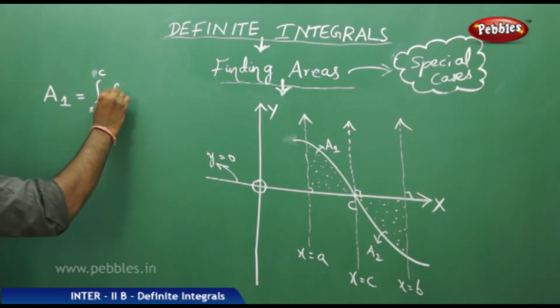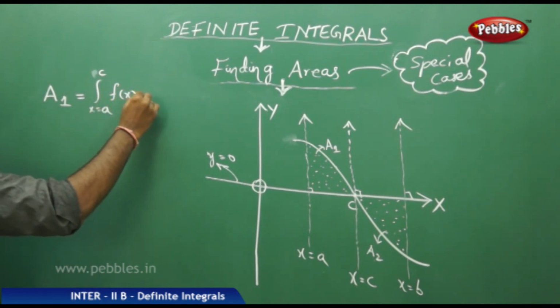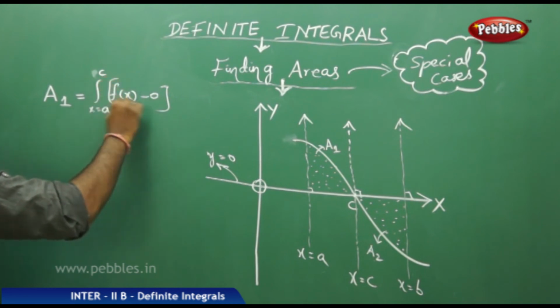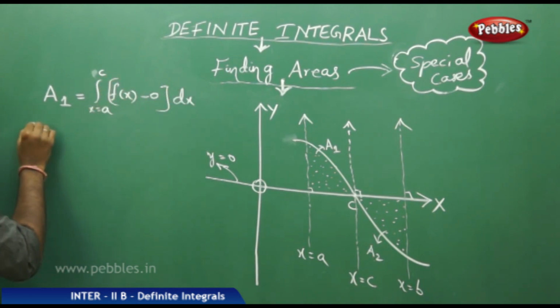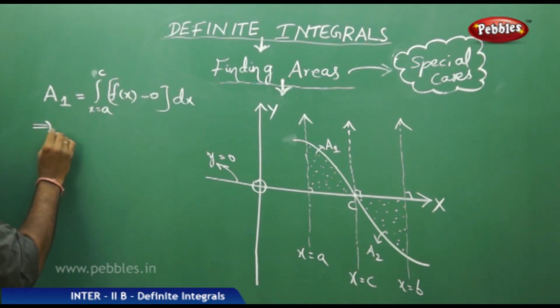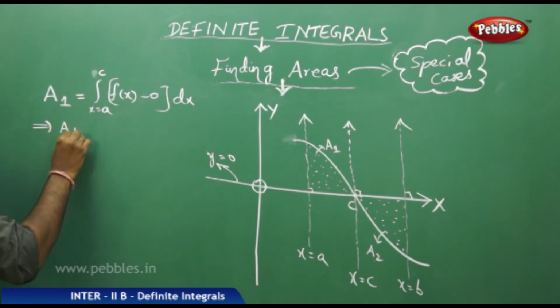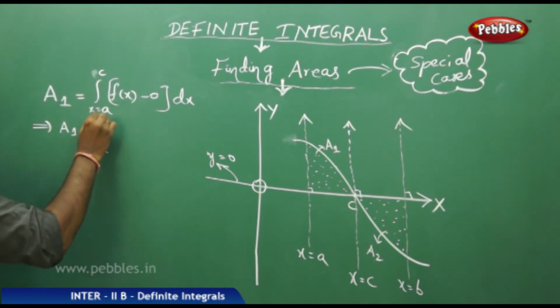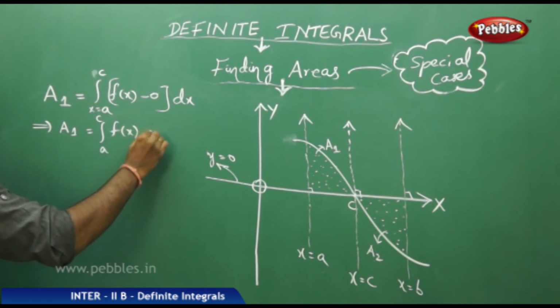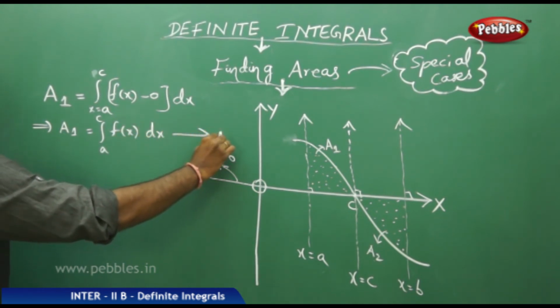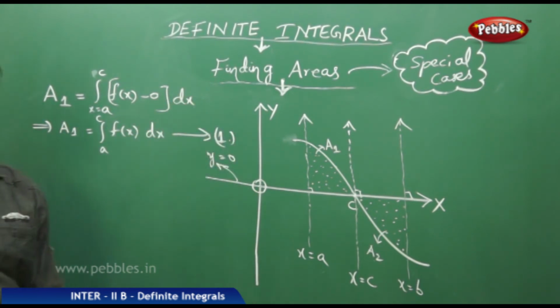So I have f of x minus 0 dx. That implies A1 is integral a to c f of x dx, which I take as equation 1.